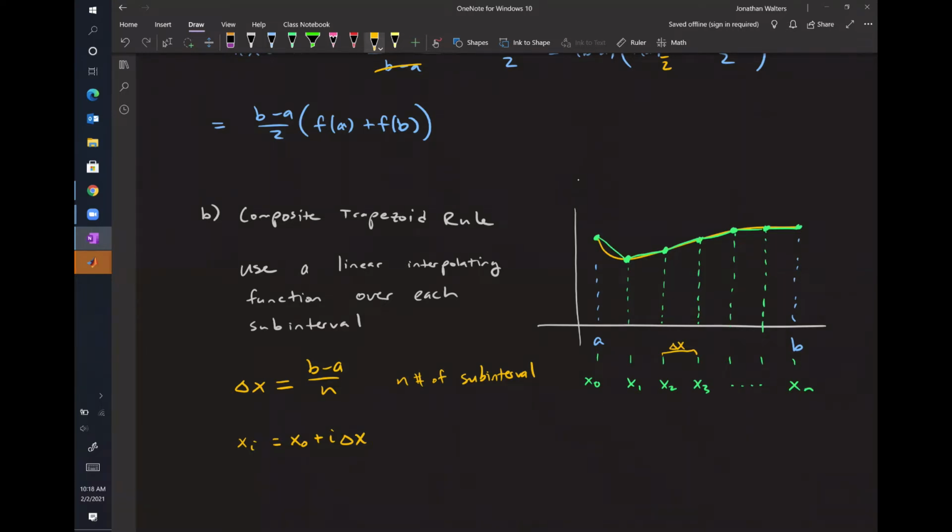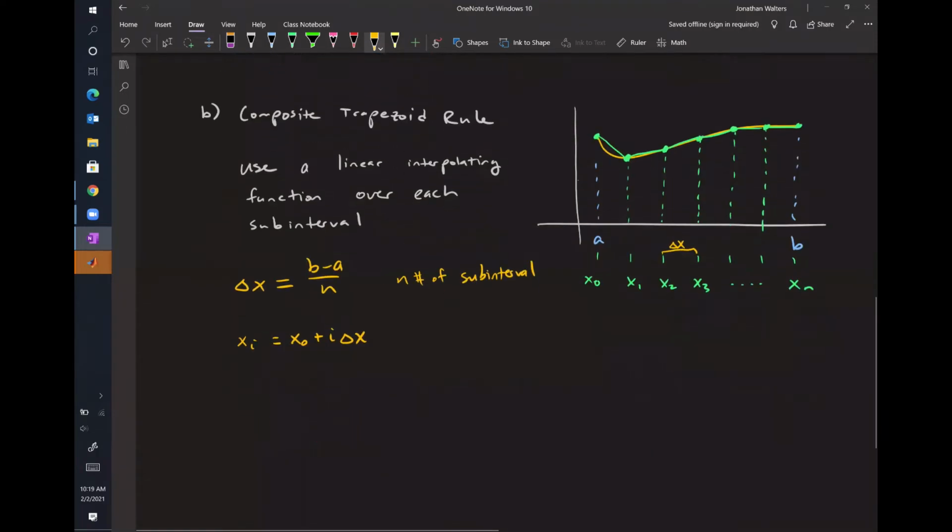Basically, each time to get to the next x value, you just add delta x. So you add it i times to get to xi. You add it 0 times to get to x0, 1 time to get to x1, delta x 2 times to get to x2, etc. Okay?